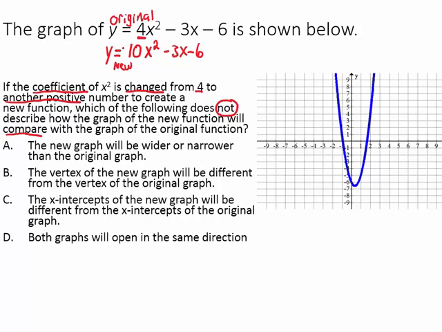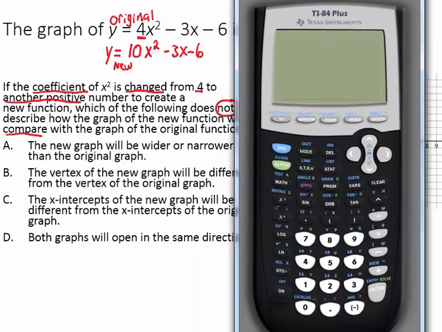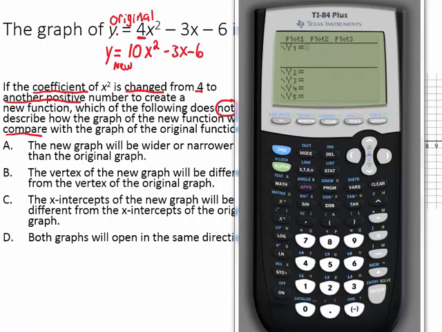Well, to do that, I'm just going to put both of the equations into my graphing calculator. So let's get our graphing calculators out. And what we're going to do is type the first equation into y1. So I'm going to call the first equation y1 and the second equation y2.